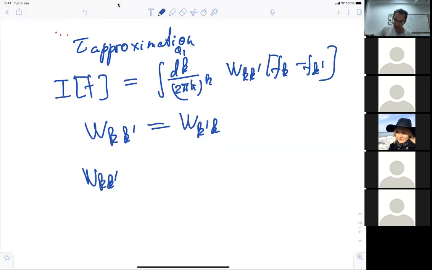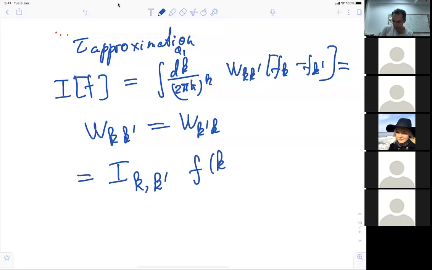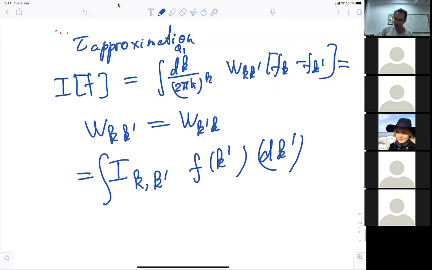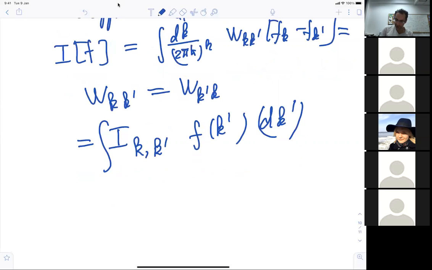So if this operator is linear, let me think about it as some linear kernel I k k prime acting on f of k prime and summed over dk prime.